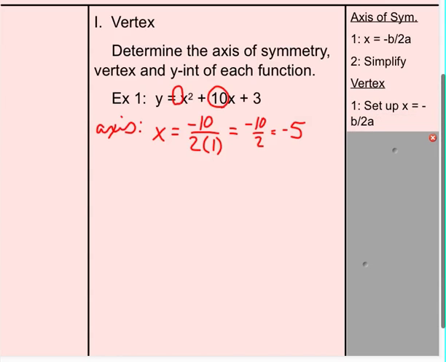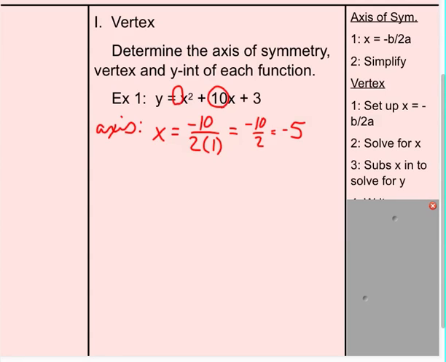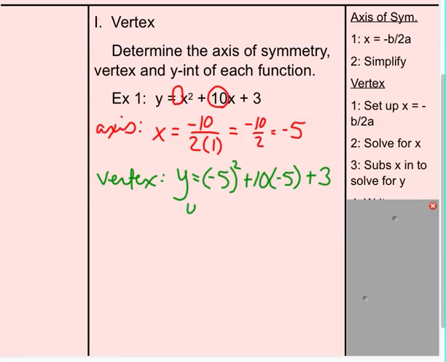So to find the vertex, we've already got x equals negative b over 2a. We solved for x, so now we're going to substitute it back in to solve for y. Substituting negative 5 for x everywhere we see an x. Negative 5 squared, remember squaring means multiplying by itself.